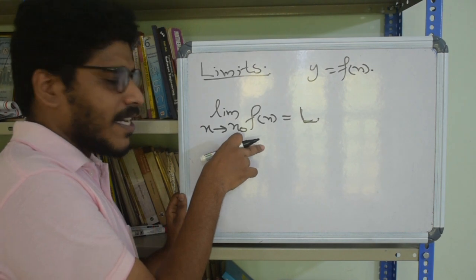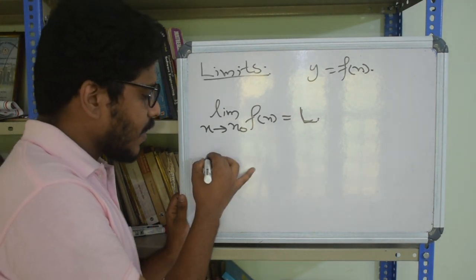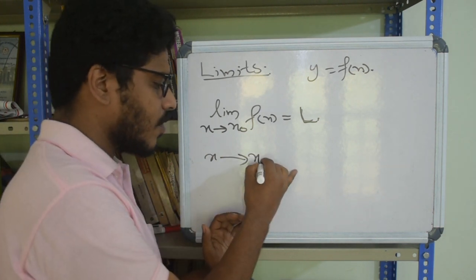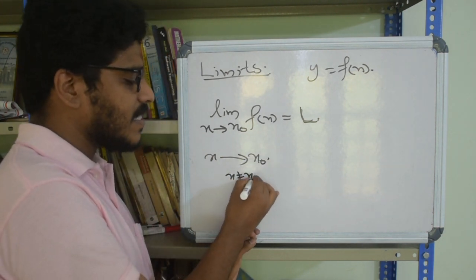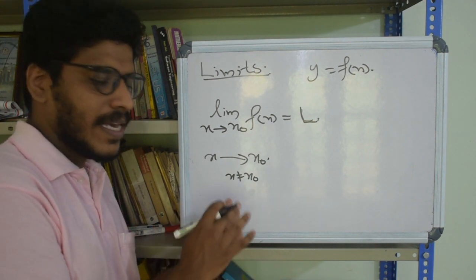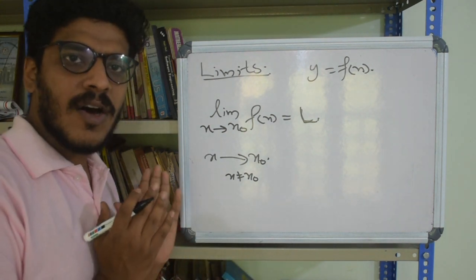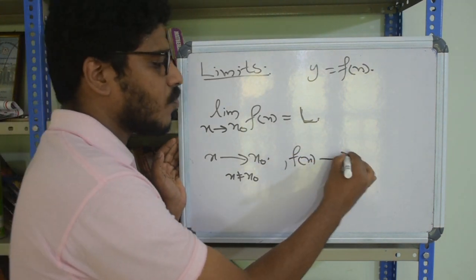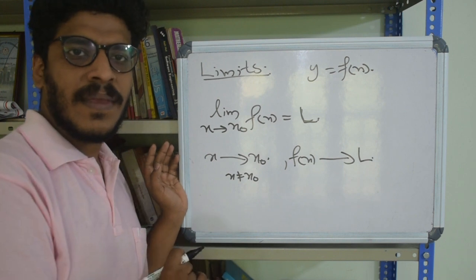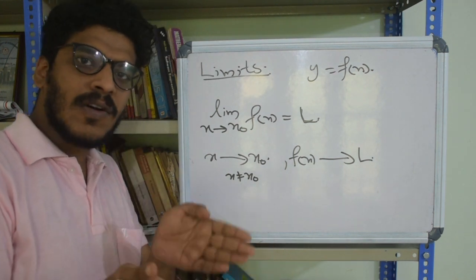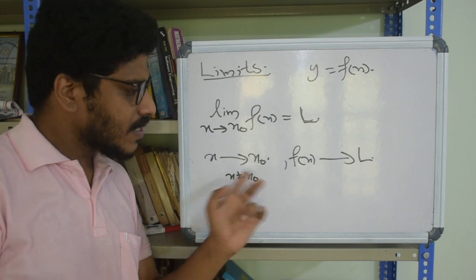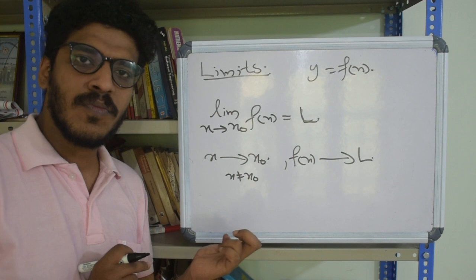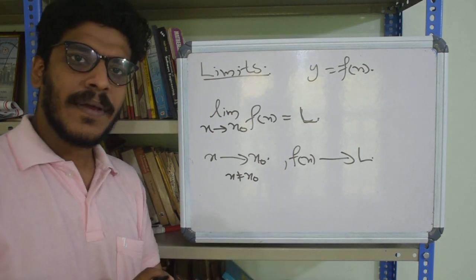With this mathematical statement, we mean that as x is allowed to move infinitesimally closer to x naught, but remember, x is never reaching x naught. x is never going to be equal to x naught, but x is moving arbitrarily closer to x naught. f of x has a tendency to move towards L. f of x will move arbitrarily closer to L. Remember, f of x need not be L, but f of x will have a tendency to move towards L. Clear?